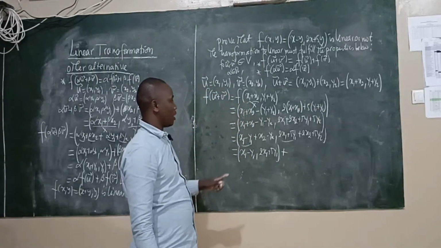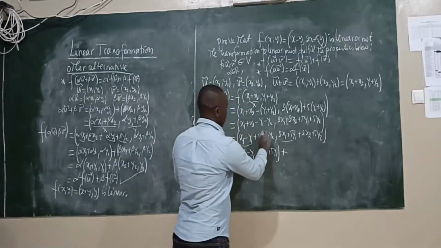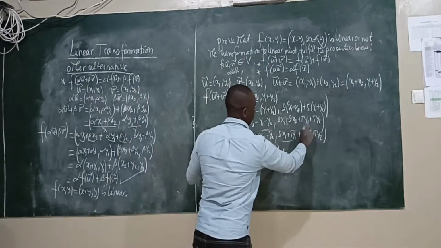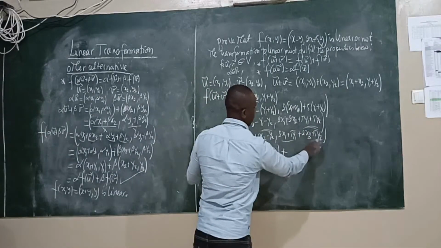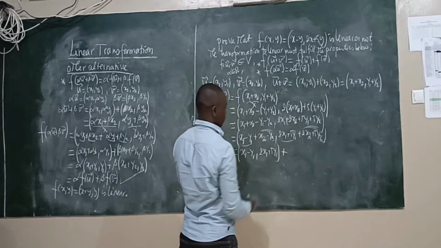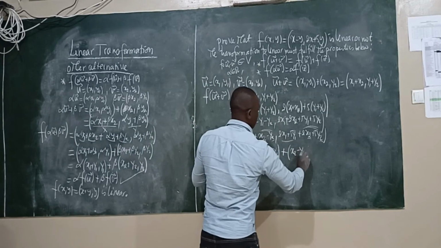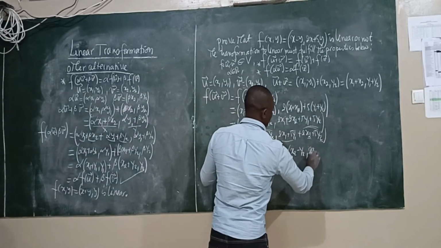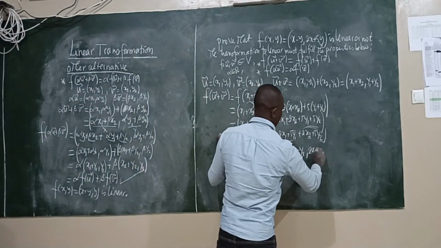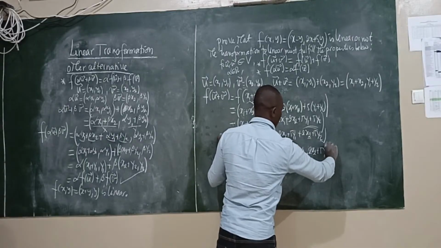Then add those with subscript 2: x2 minus y2, comma, 2x2 plus 5y2.